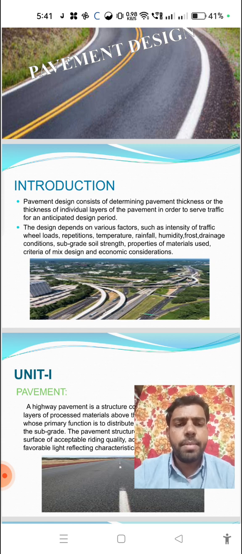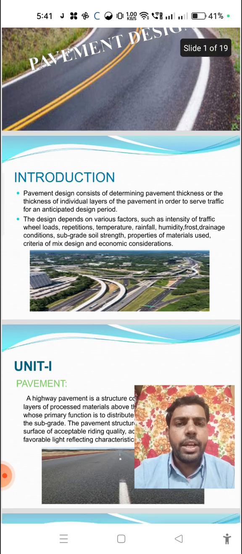In pavement design, we determine the thickness of the total pavement or of the individual layers of the pavement, in order to serve the traffic for the anticipated design period.